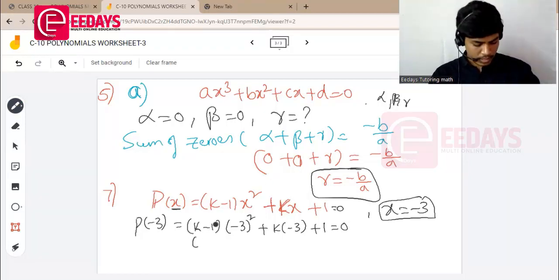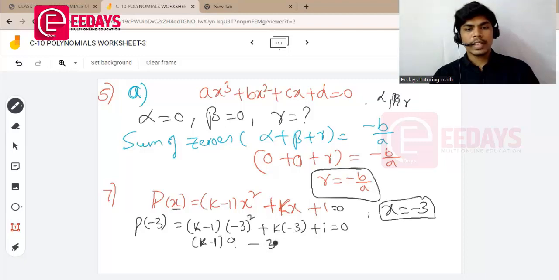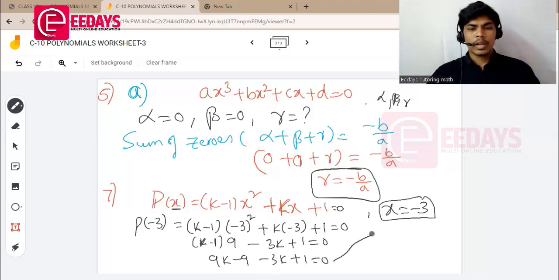Okay. So (k minus 1), minus 3 whole square is nothing but 9, plus into minus, minus 3 into k, 3k, plus 1 is equal to 0. Okay, let's split. 9 into k, 9k, plus into minus, minus 9, minus 3k, plus 1 is equal to 0. 9k minus 3k, we are getting 6k.